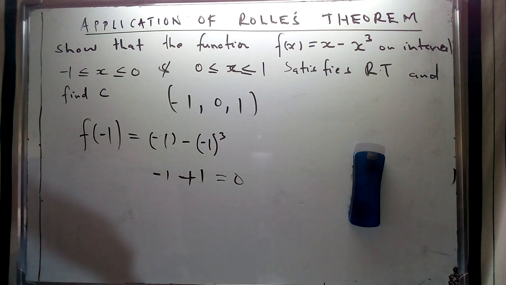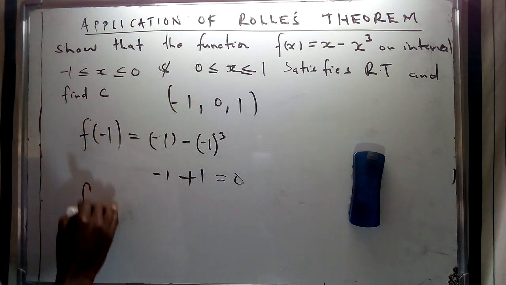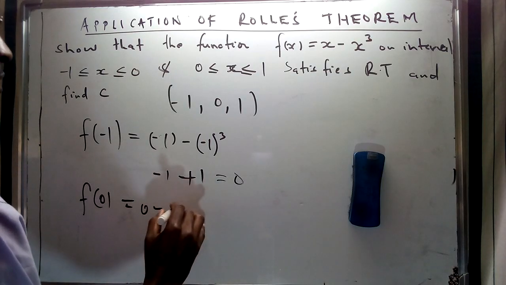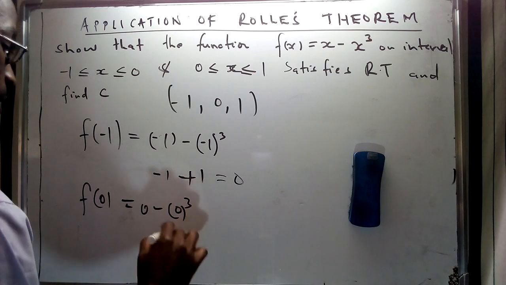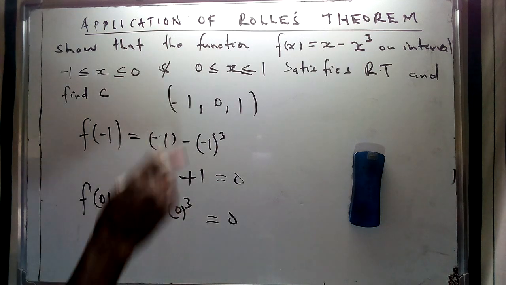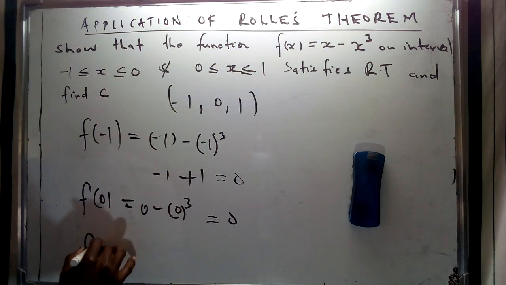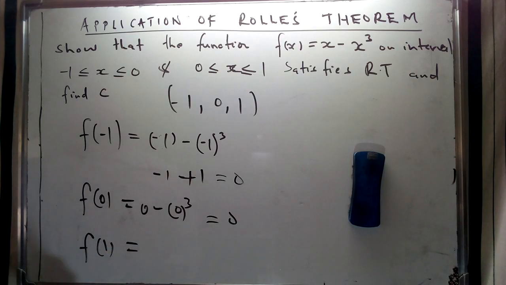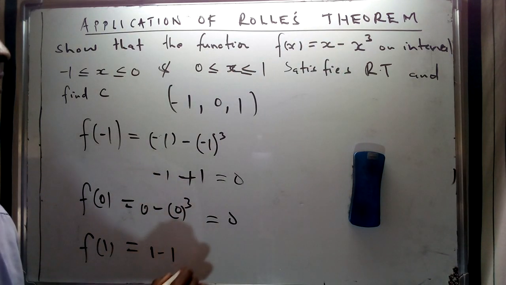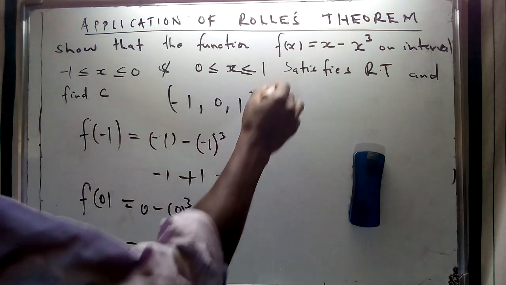And this 0 is going to fall within the interval that has been given. So suppose I use 0, I'm going to have f(0) equals 0 minus 0 to the power 3, which is still equivalent to 0. And for f(1), this is 1 minus 1, which is also equivalent to 0.